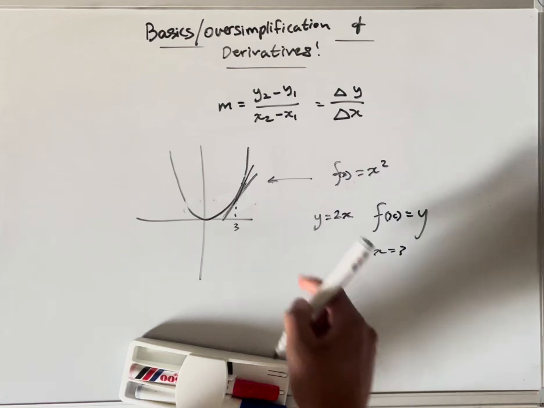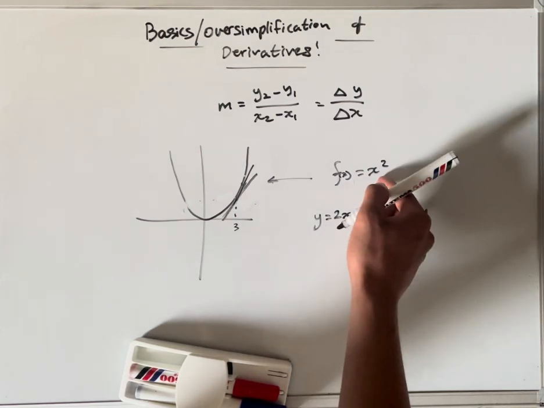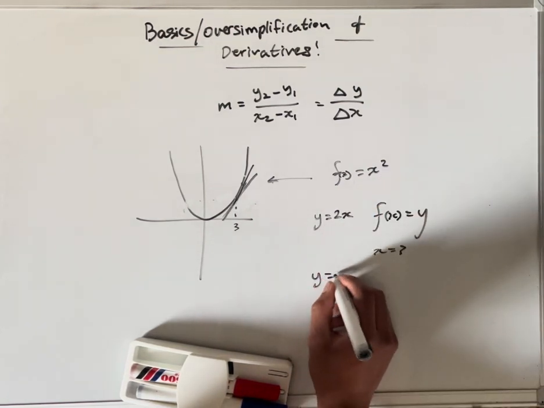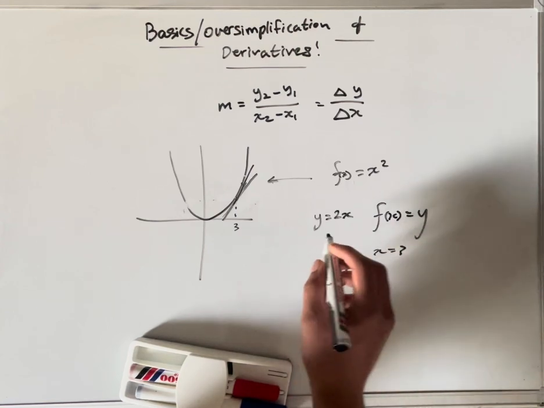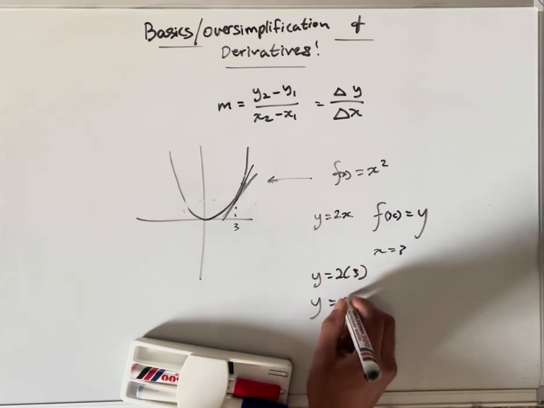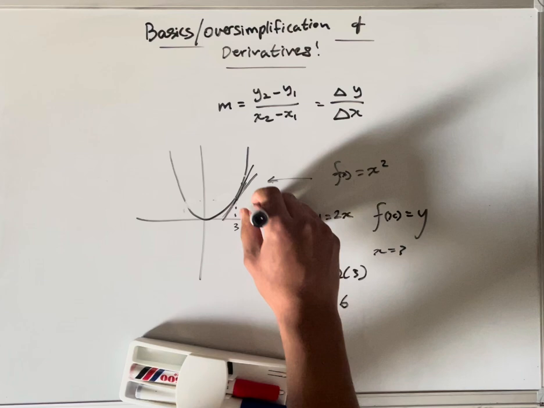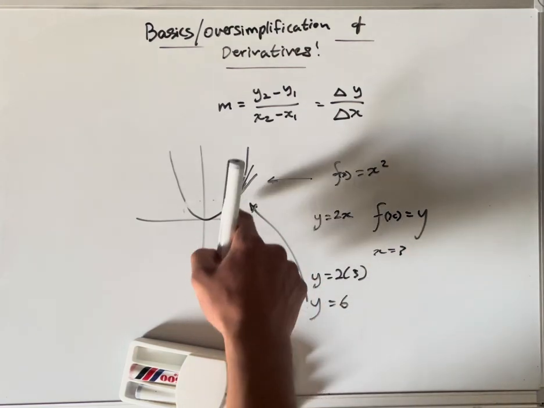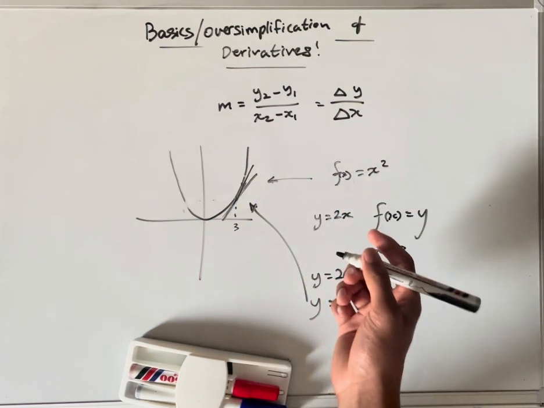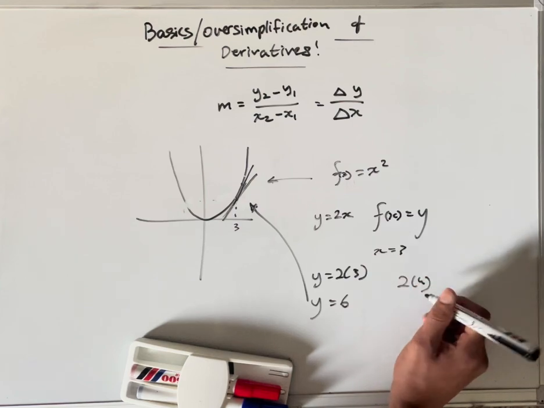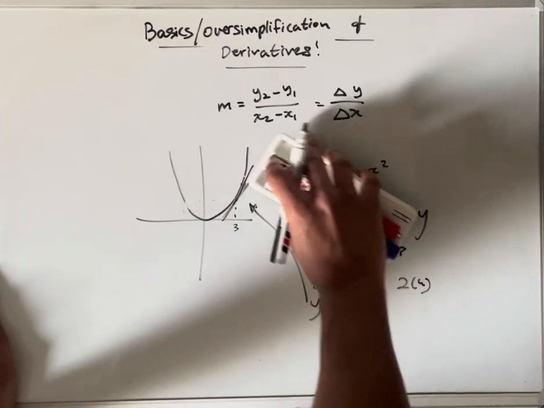So using this function that we found for x squared, we would plug in 3 into y equals 2x to find the slope, which is 6 at that point. So the m value is 6 at that point, 3. At 4, well, it would be 2 into 4, for example, and you get 8, and so on.